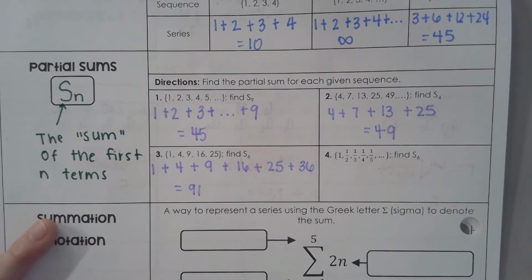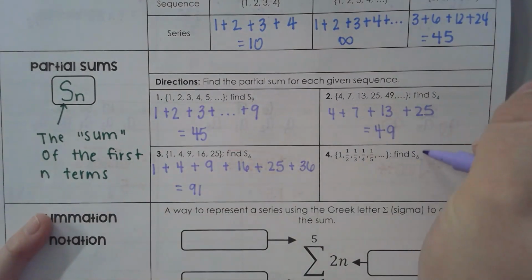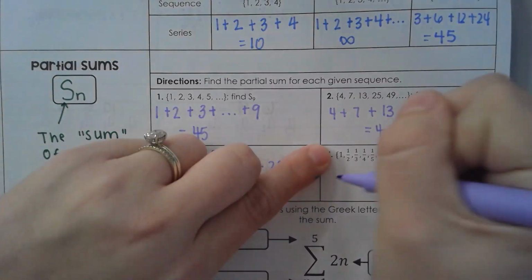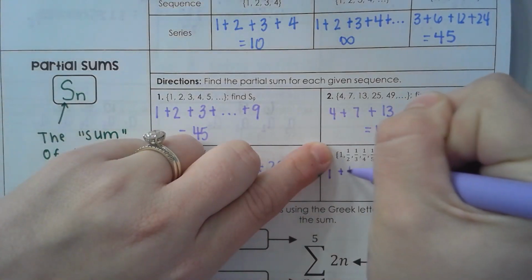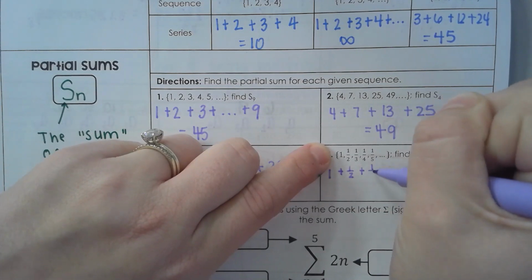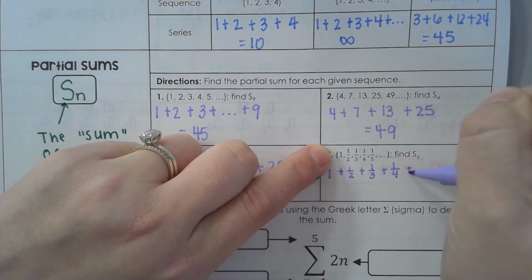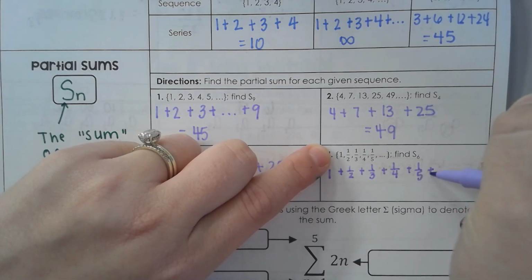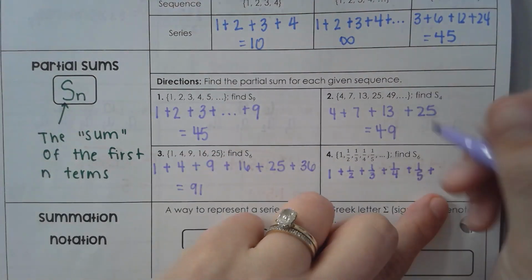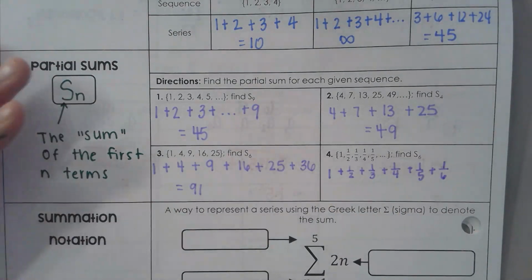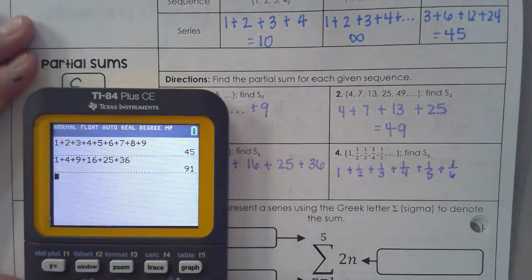And then number 4, we're finding the sum of the first 6 terms. So 1 plus 1/2 plus 1/3 plus 1/4 plus 1/5. That's only 5, plus 1/6. Yep.